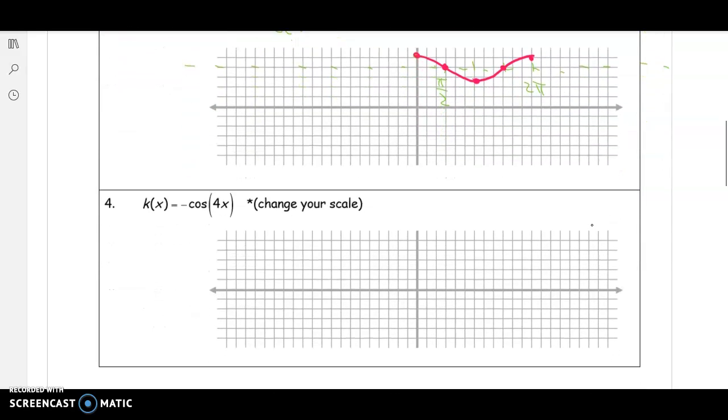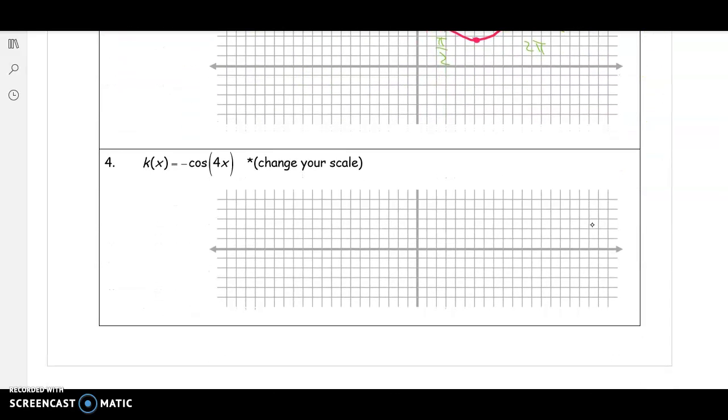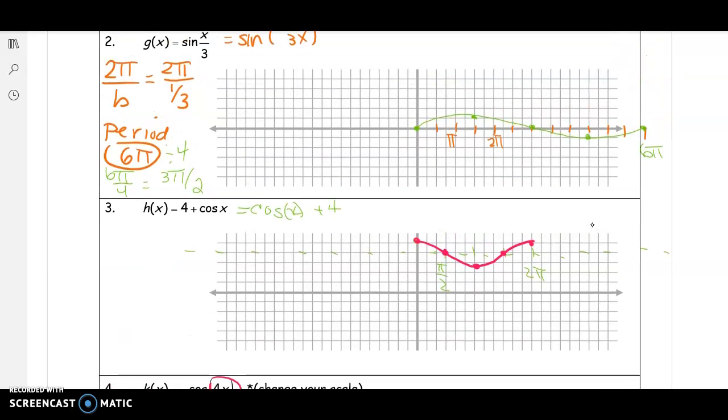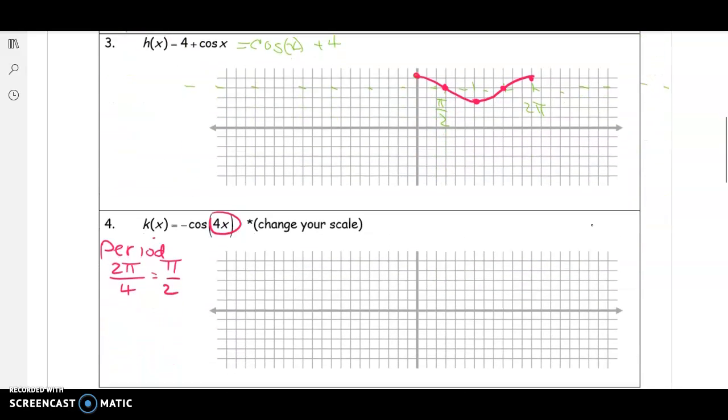All right, number 4. 4x on the inside. Woof. So period is 2 pi divided by b, which is 4. So this is pi over 2. That means we are making one full wave between 0 and pi over 2. To find how far apart our x input values are, we divide the period by 4.